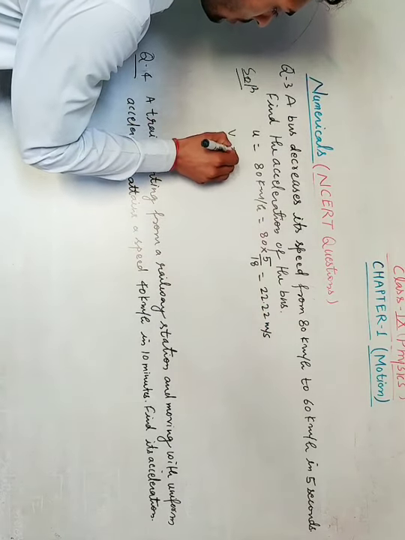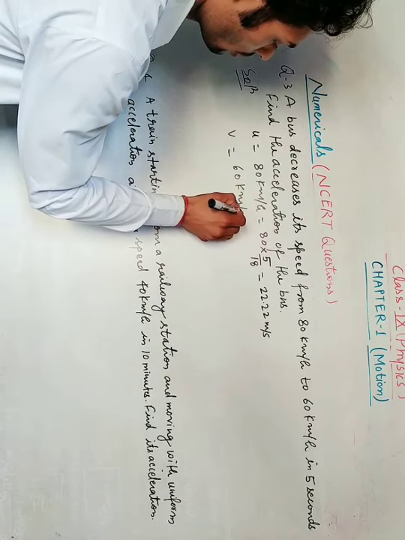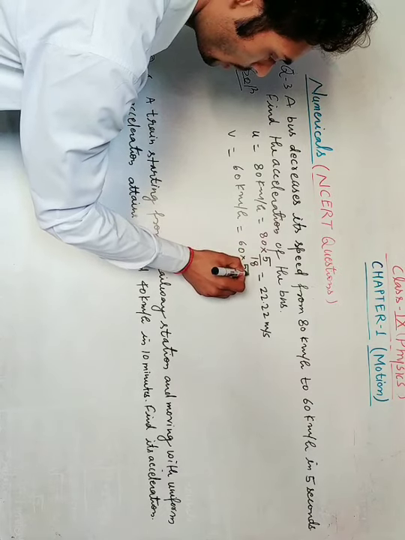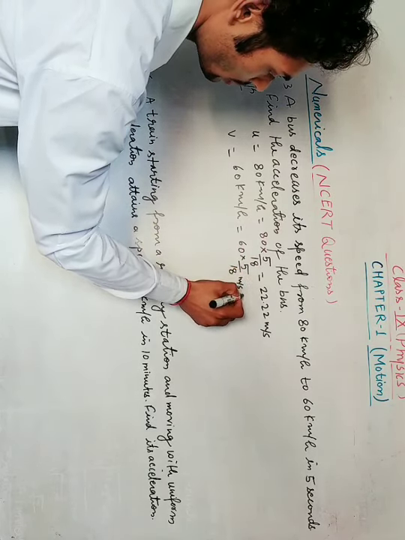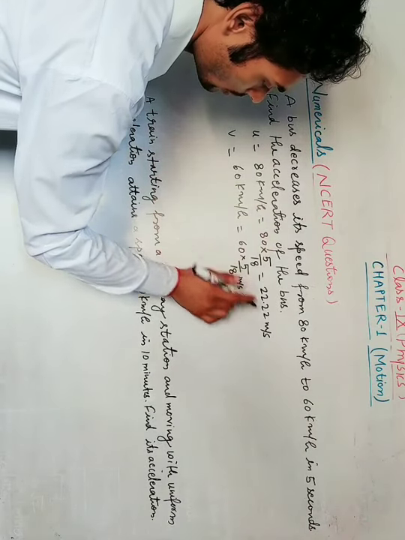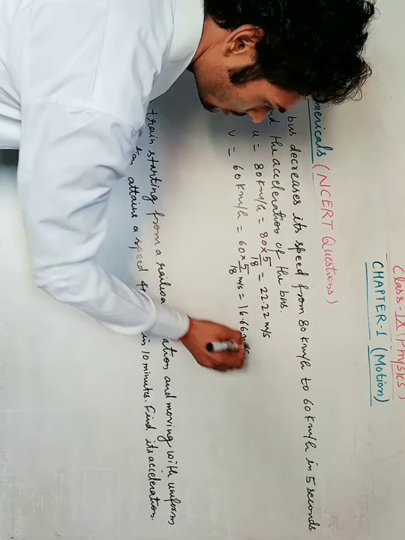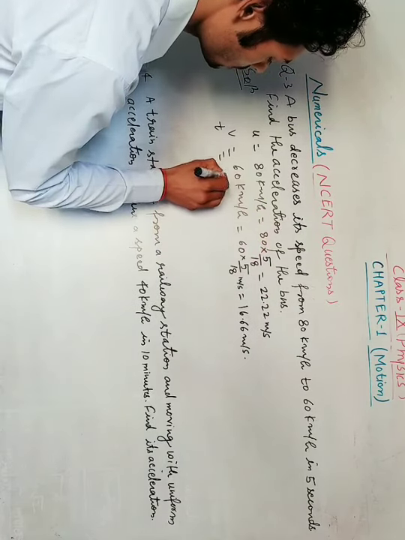And final velocity v equals 60 km per hour, equals 60 into 5 by 18 meter per second, equals 16.66 meter per second. Time t equals 5 seconds.